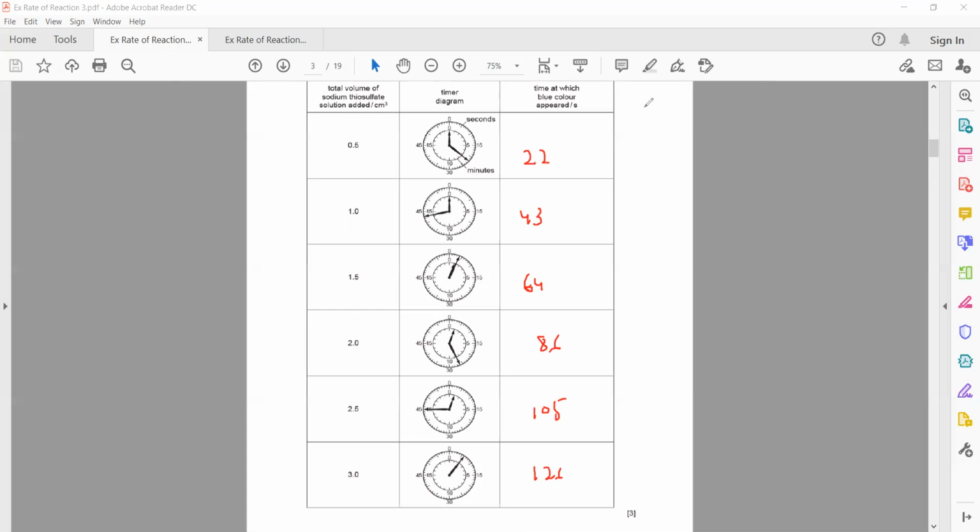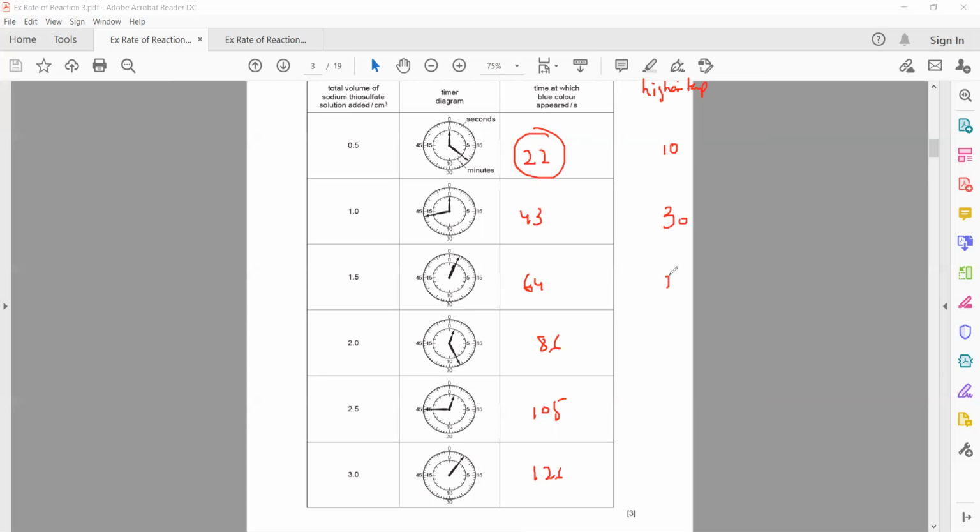But if I repeat the same experiment at a higher temperature, it will take less time. The time at which the blue color appears will be a shorter interval. For example, maybe it will take 10 seconds, this will take 30 seconds. These are just rough values I'm mentioning.